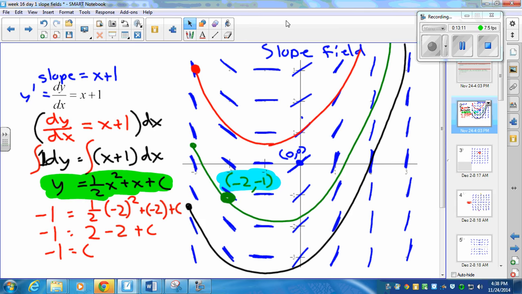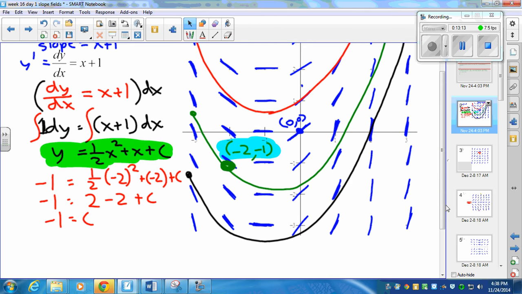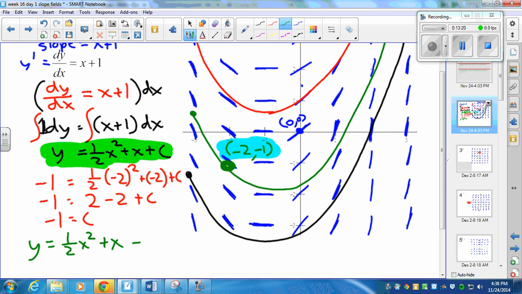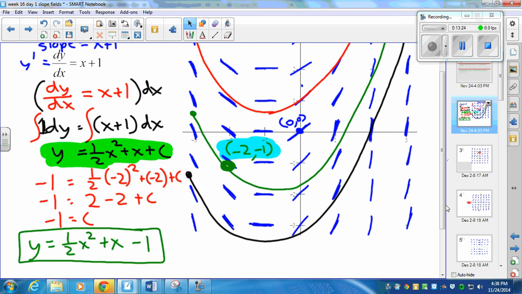So then now that means if I want that path specifically, it is y equals 1/2 x squared plus x minus 1. And that would be the path that my railroad car, my Thomas the engine, would follow if it had to go through the town -2, -1, and it's forced to go through this slope field.